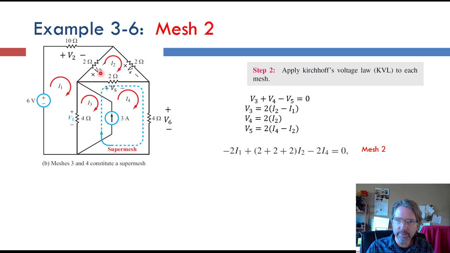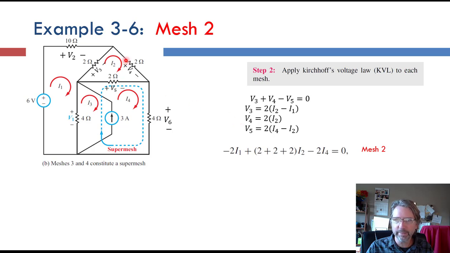Mesh 2, it's the triangle mesh up here at the top. We're going to go clockwise, and we'll get the same process. So plus V3 plus V4 minus V5 equals 0. V3 we already had from the last time through.